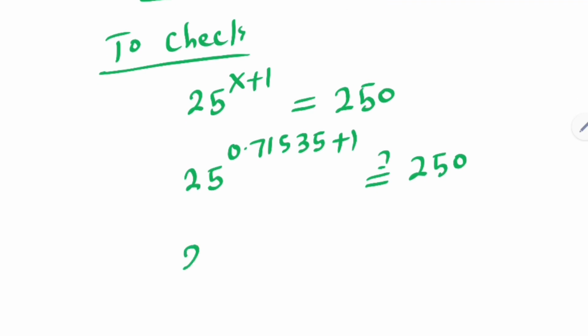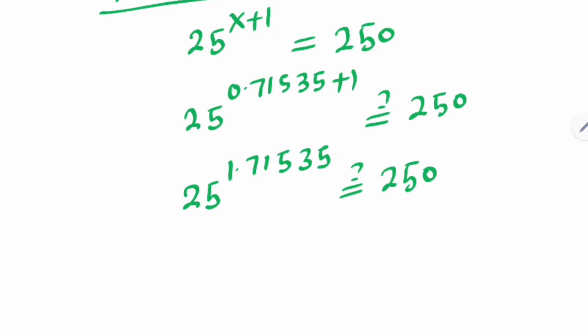Here we have 25 raised to power 1.71535 must be equal to 250. Then 25 raised to power 1.71535, this is 250.00 is equal to 250, which is true.